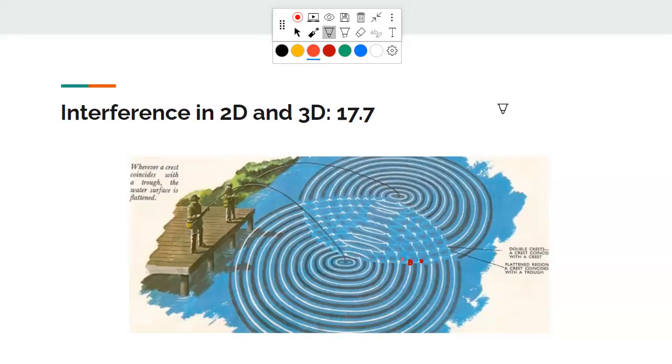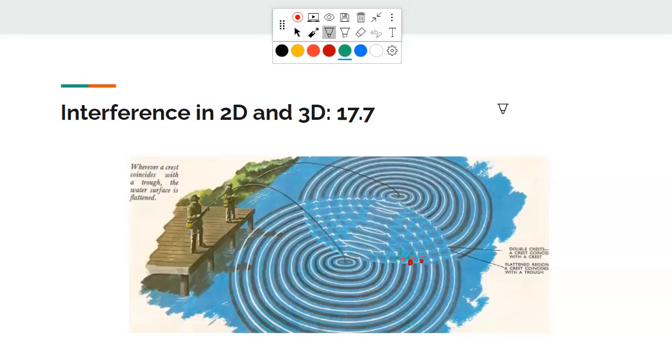Whereas at other points, these dark spots, we get the opposite effect. We have troughs overlapping. So we get constructive interference, but sort of the other way around. And then when we have a peak and a trough overlapping, which is happening here, for example, or here, then we get destructive interference.